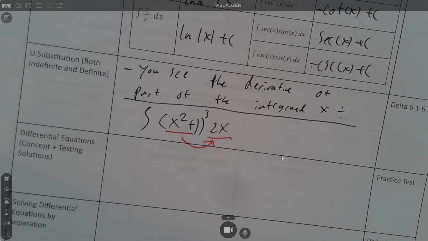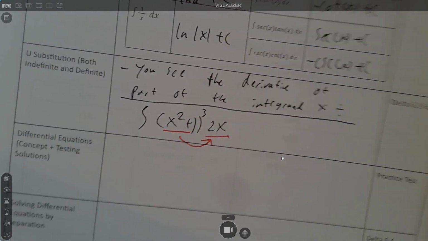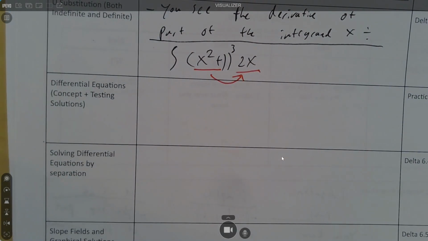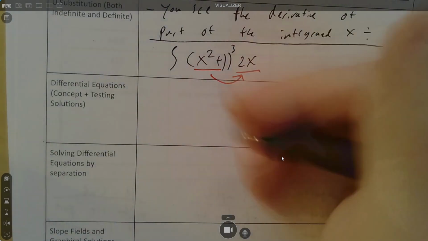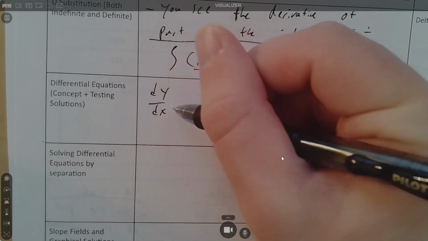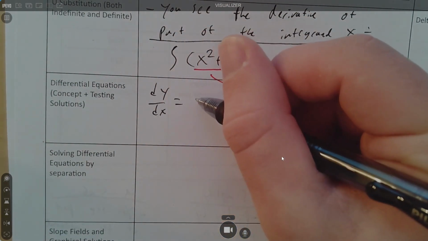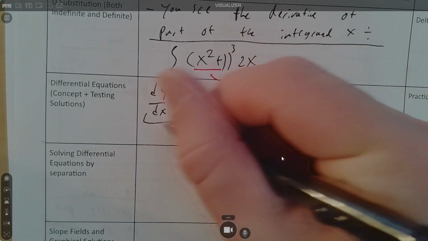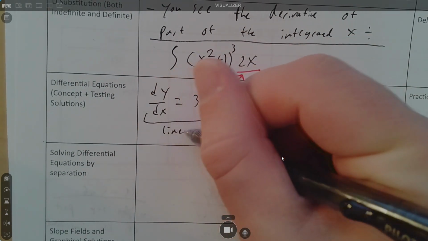You know this. So differential equations, concept plus testing solutions. Yeah. A big thing here, this is important: if the derivative is a number, like a constant, like 300, that's linear. Okay.